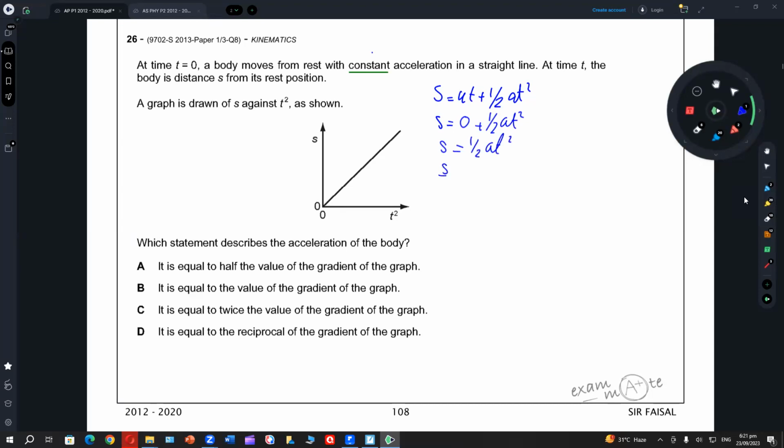The examiner says he is plotting s against t square. So it means s upon t square is half a. Y upon x is called gradient. Gradient is half a.